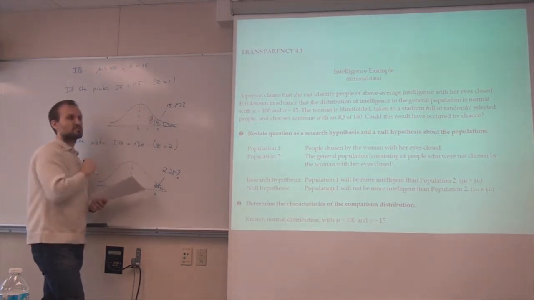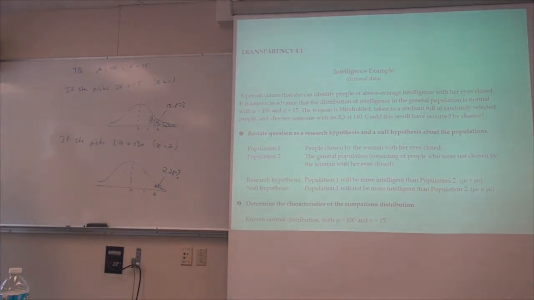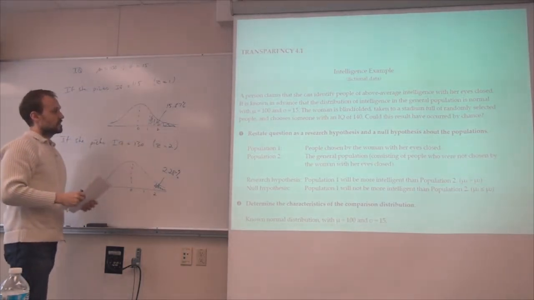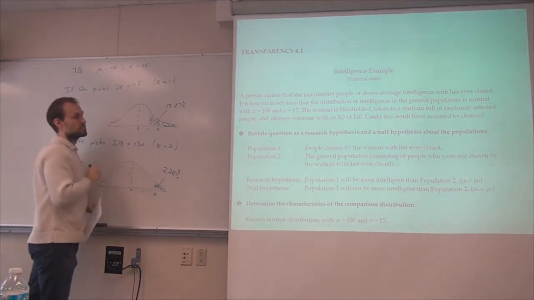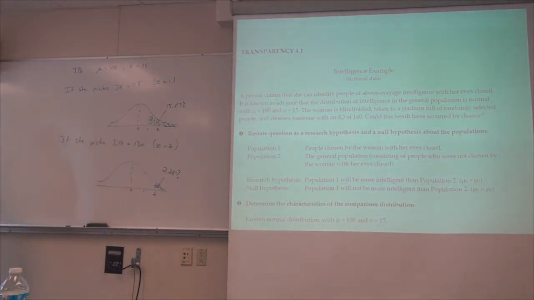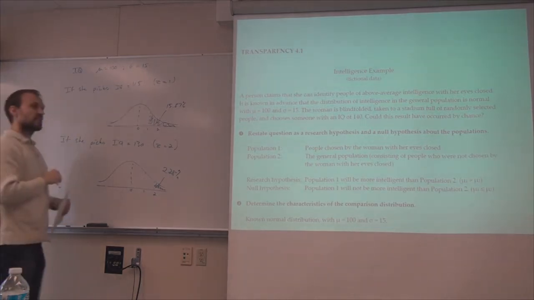Am I happy with 15%? No, not really. I can do that by chance. 1 in every 6, more or less, is going to fall in this range. Am I happy with 2.28%? Well, I think so, yeah. So you decide beforehand what percentage you are happy with. The standard is sort of 5%. 5% is okay.